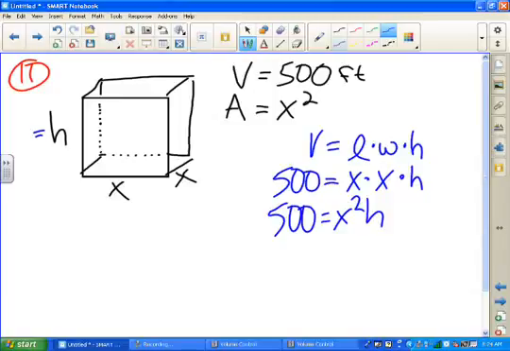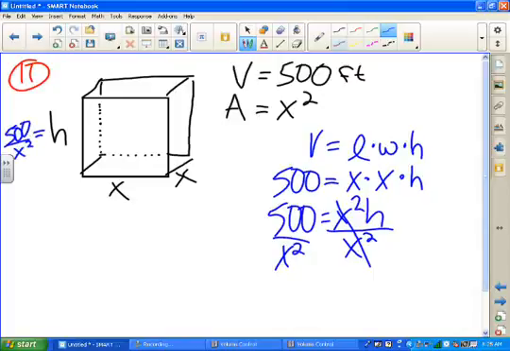Now if I solve this algebraically for h, I can rewrite h as a function of x. Simply what I need to do is divide both sides by x squared, and that yields 500 over x squared equals h. So I'm going to consider h to be 500 over x squared.